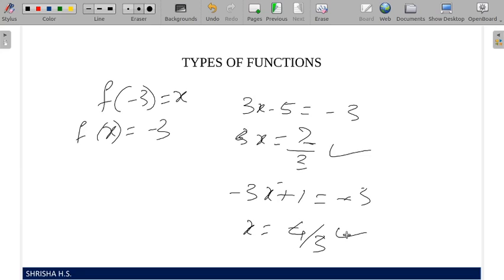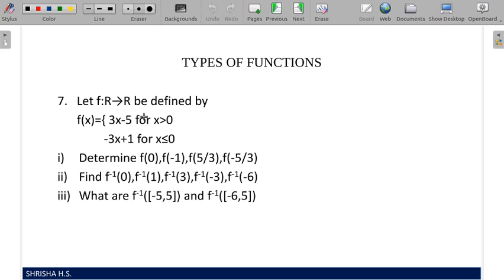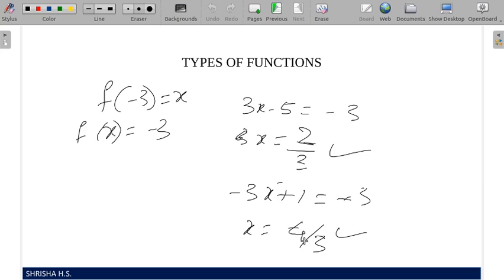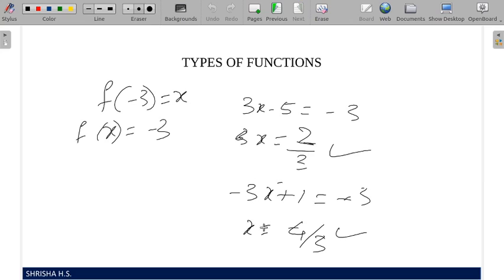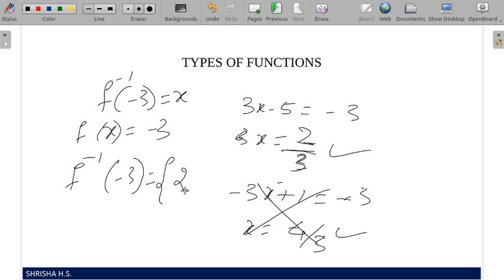So this is a positive number. Now this is not suitable because 2 by 3 is a positive number and 3x minus 5 is a valid formula for x greater than 0. 4 by 3 is a positive number, and minus 3x plus 1 is invalid because x needs to be 0 or less than 0. So this is an invalid number we have got, and this is a valid number we have got. So f inverse of minus 3 equal to 2 by 3. So this will be the answer.